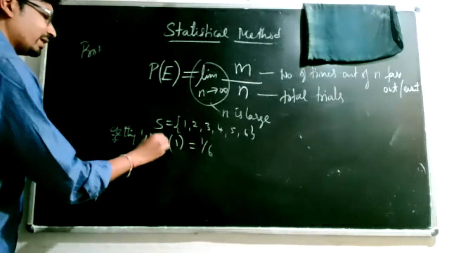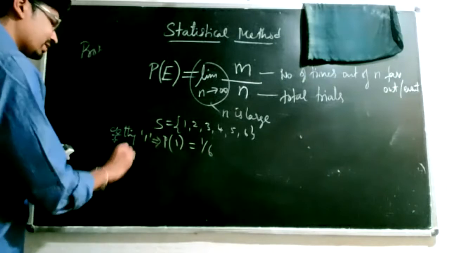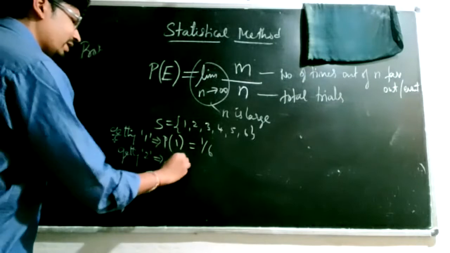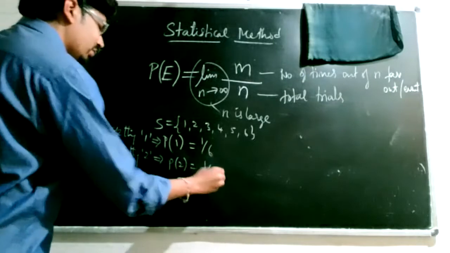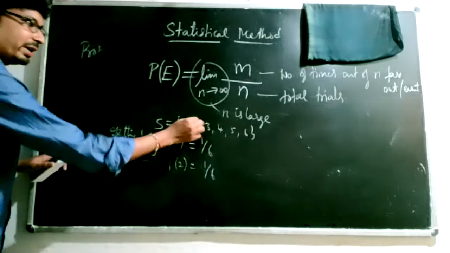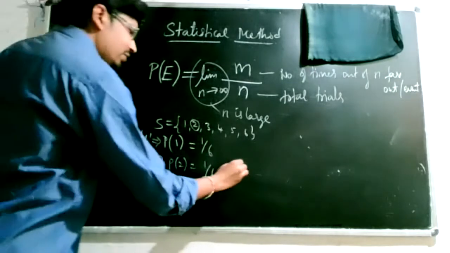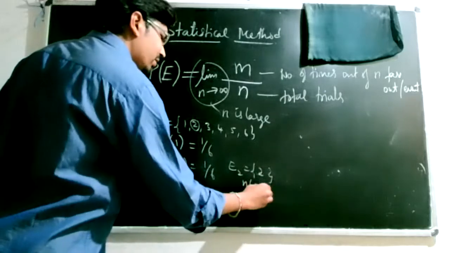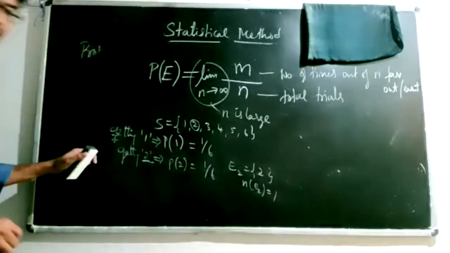It has only one case, therefore it is 1 by 6. If you observe the probability of getting 2, again your event E2 has only that number in the set. So n of E2 is also 1, therefore the probability is 1 by 6.